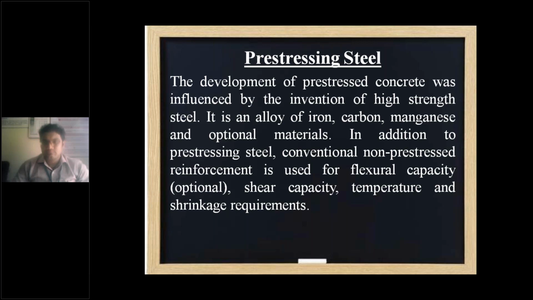That reinforcement is to make it into a shape, and at the same time it is used for flexural capacity and shear capacity also. Even in girders and beams you will have rebar. That reinforcement will be flexural reinforcement, and shear capacity reinforcement too. So that is how the prestressing steel is going to be used.